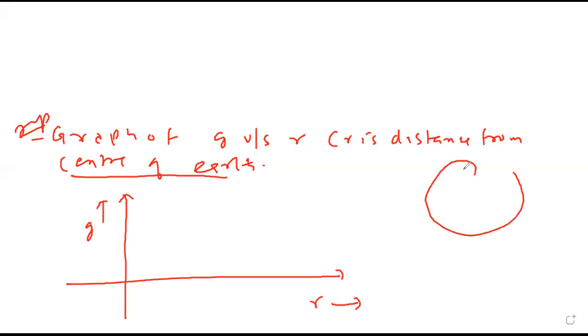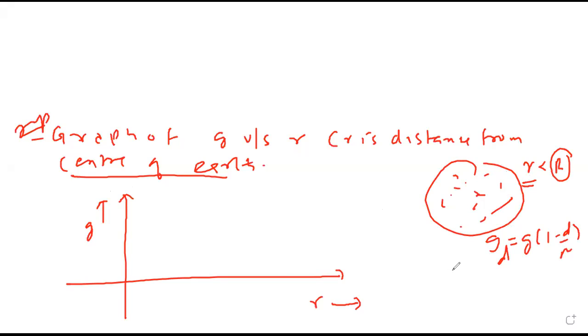If this is Earth, if small r is less than radius, then the point is inside. Inside, what did we get for g? g into 1 minus d by R. This we got with respect to depth. Inside means depth only. So here g and d are directly proportional.